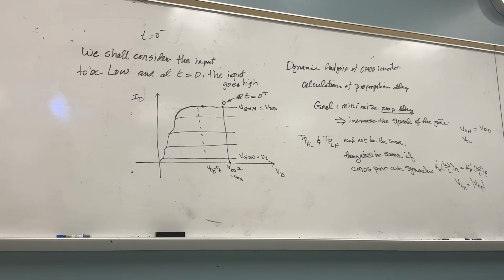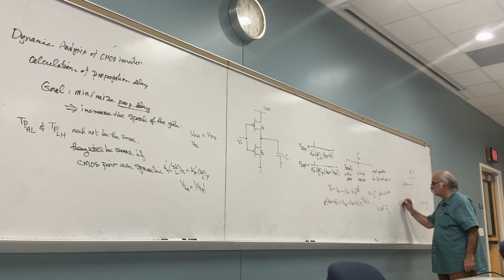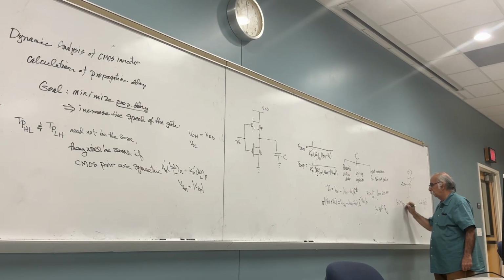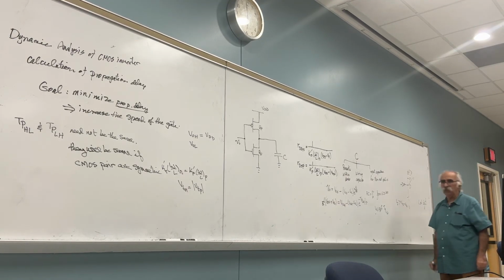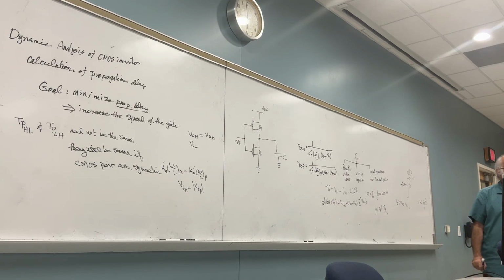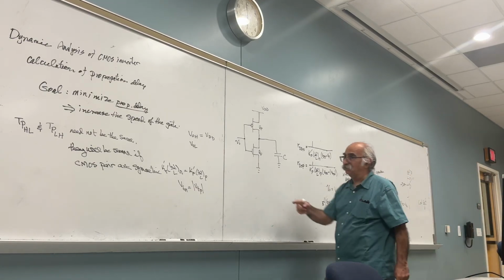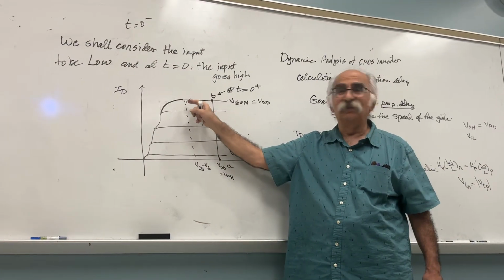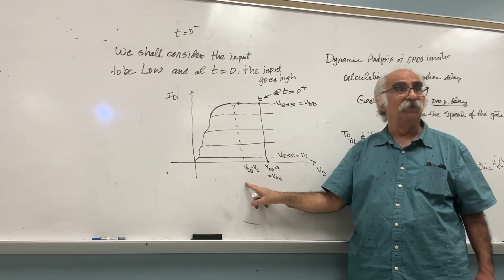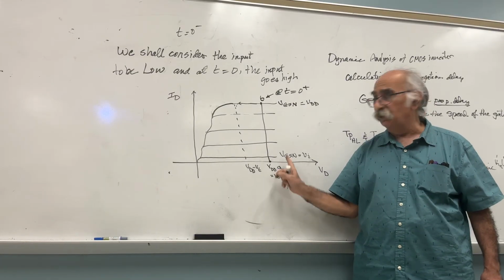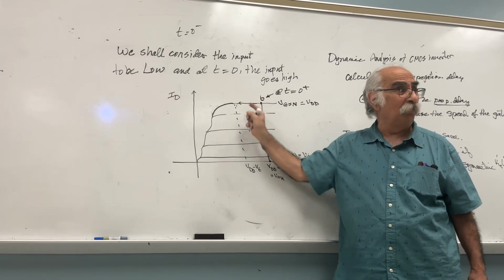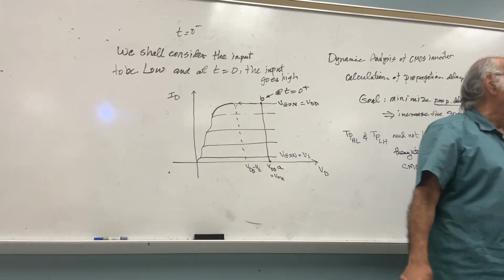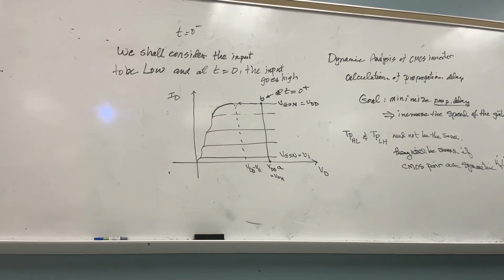In other words, V drain is greater than VDD minus VTN. If it is greater, we are in saturation. But once we get to VDD minus VT, the drain voltage is reduced, which means the channel is back to open. No pinch off.